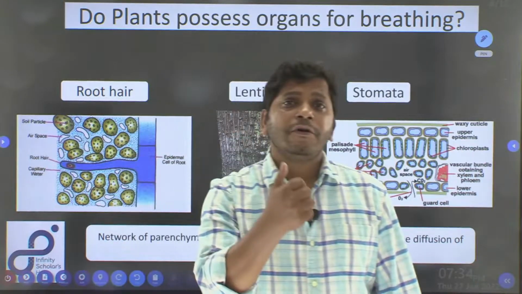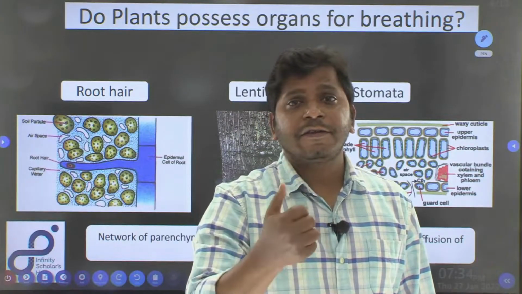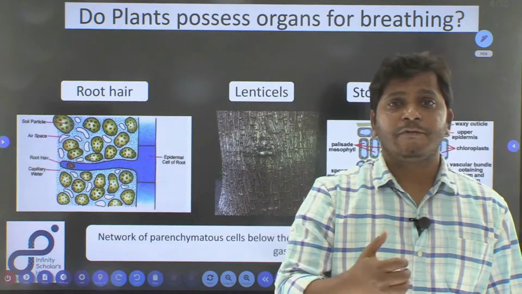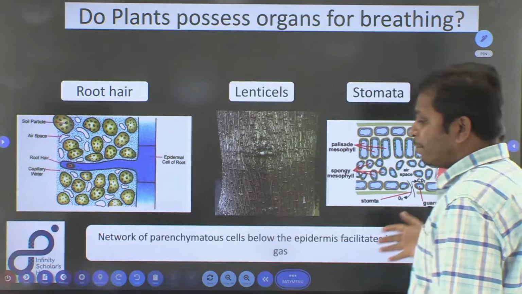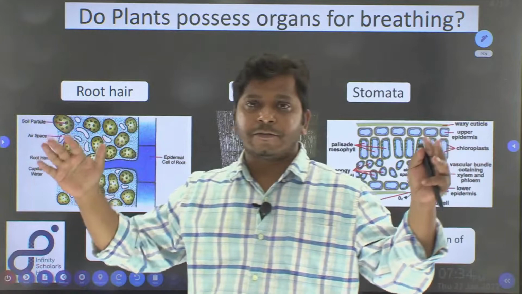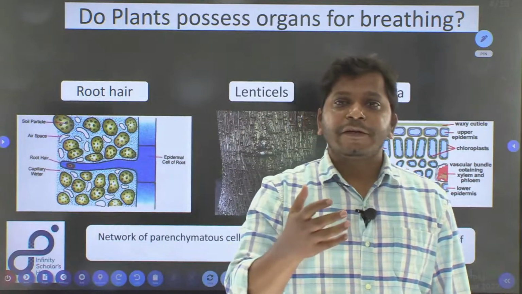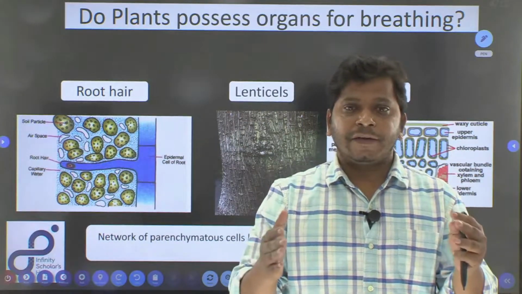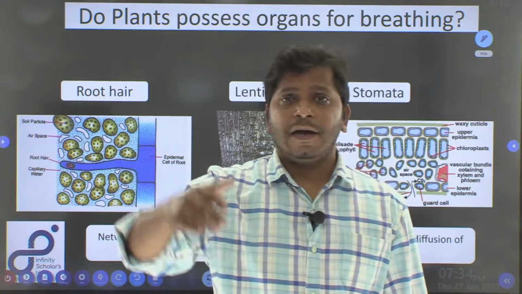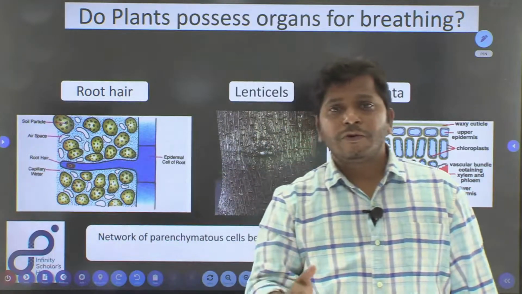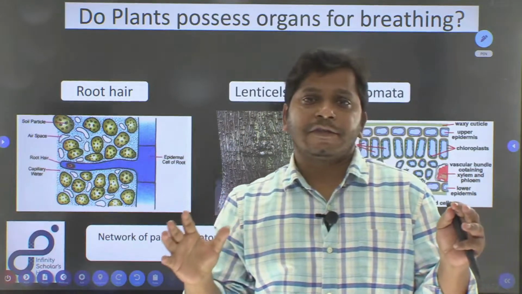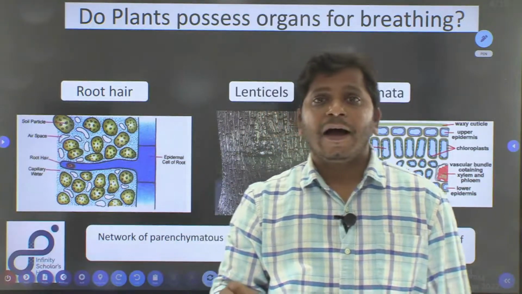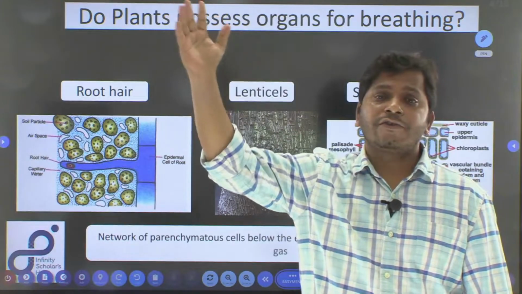There are a few important reasons why plants do not possess a well-defined breathing system. If we look at all the different parts of the plant, for example, the fundamental units of the plant, it can be defined as the root system and the shoot system. The root, the stem, and the leaf, all the different parts of the plant have access to oxygen.